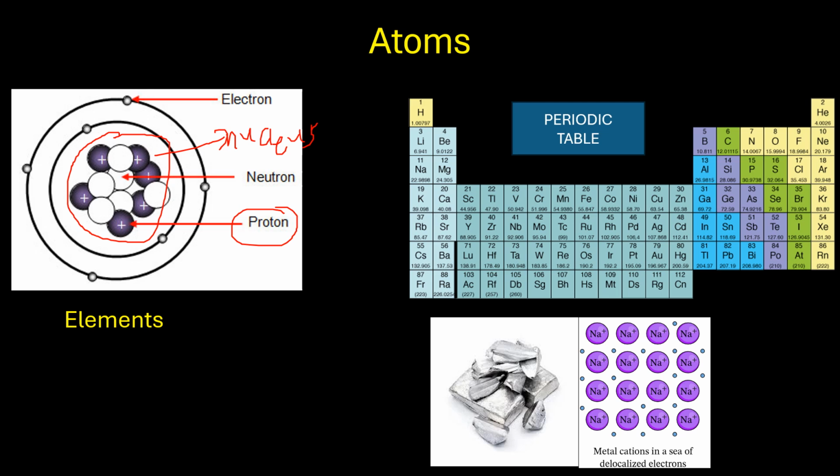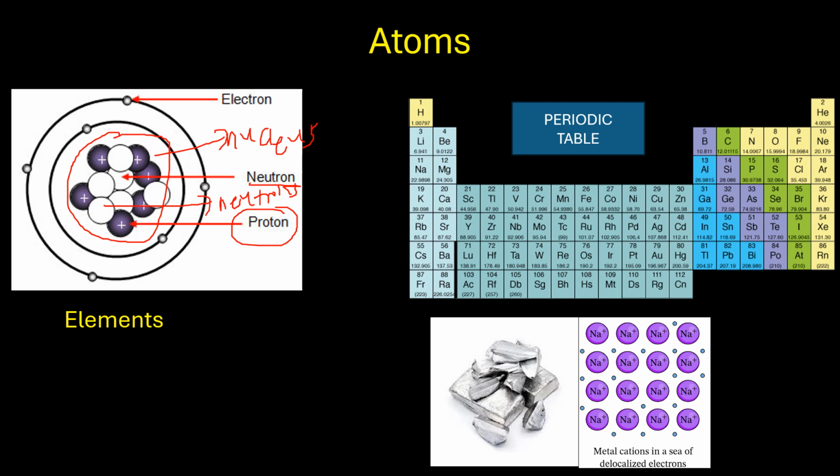And then also in the nucleus of the atom, we find neutral substances. So these neutral substances are called neutrons. And together the protons and the neutrons combine to form the nucleus.